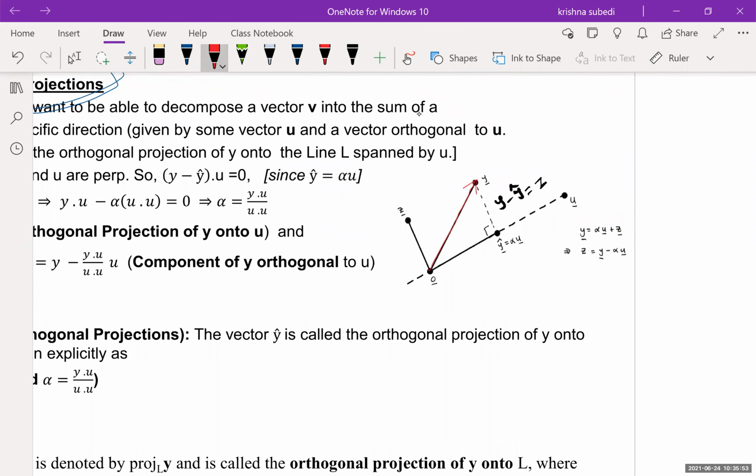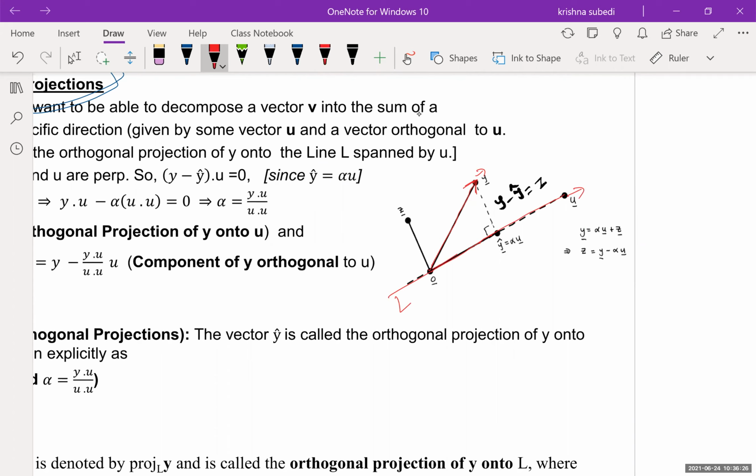This is my y vector. I want to find the orthogonal projection of this vector onto the line L. So this is my line L, and this vector here is u. This is the u direction.